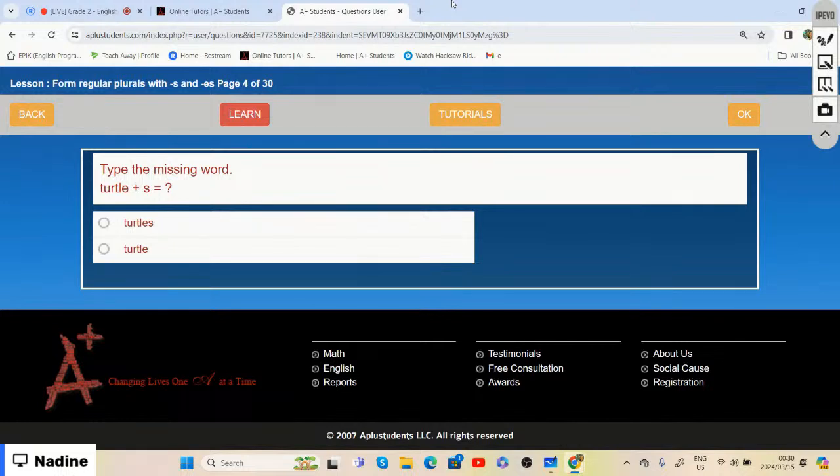It's just to make that word into a plural form to show that there's more than one.